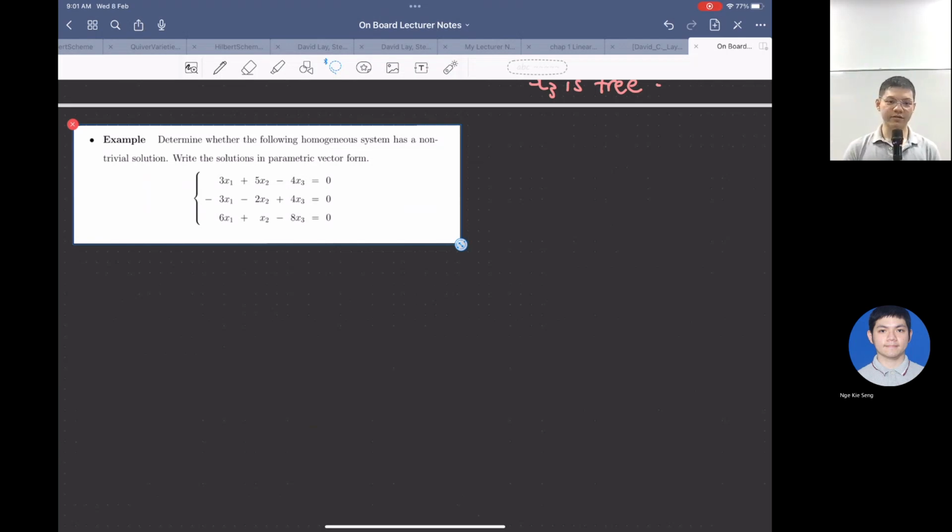Try to row reduce this, then we will check the answer together. Don't worry about the parametric vector form for now; we will talk about it later. Just try to reduce this system of linear equations. There are a lot of ways of asking the same question, but we use the same method to solve them.